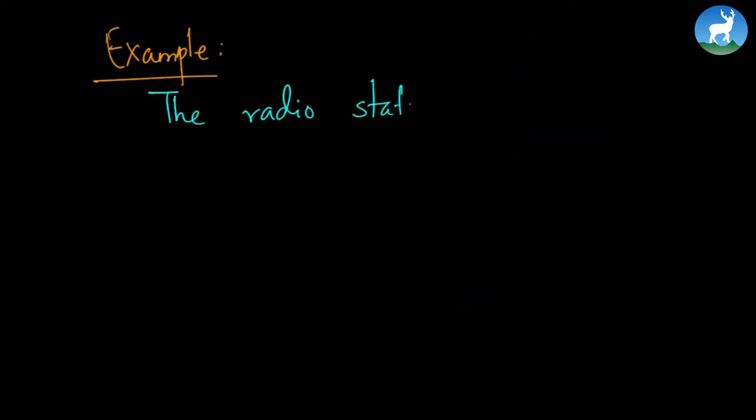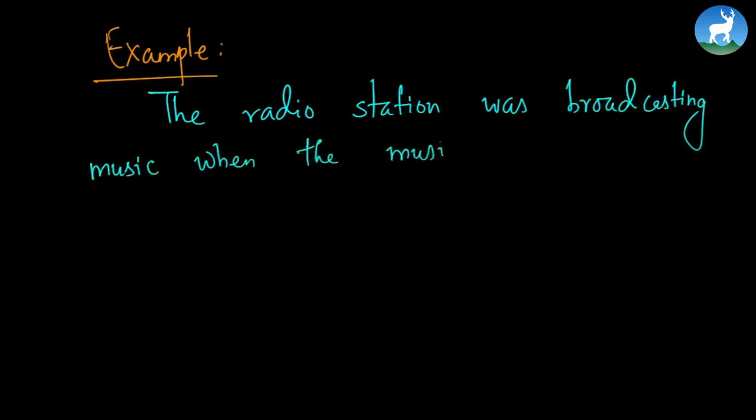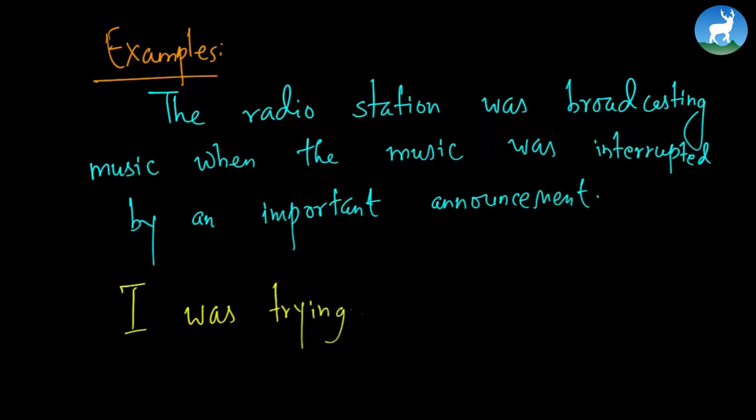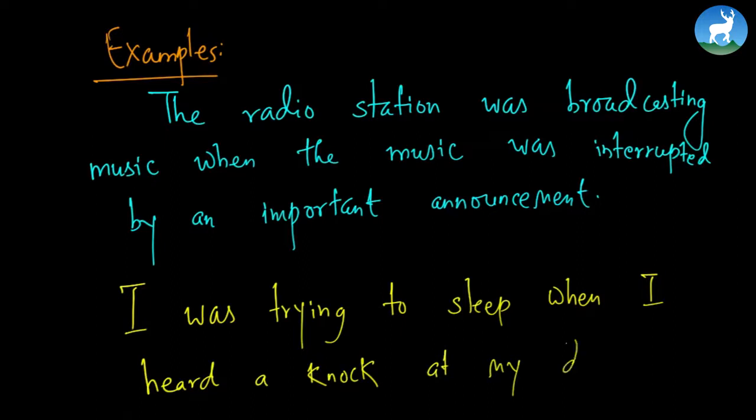The radio station was broadcasting music when the music was interrupted by an important announcement. So let me write you another example. I was trying to sleep when I heard a knock at my door.